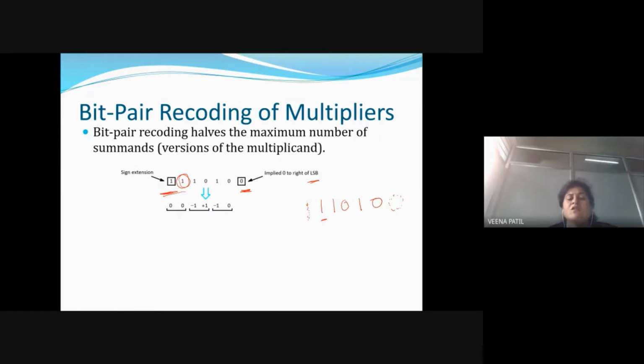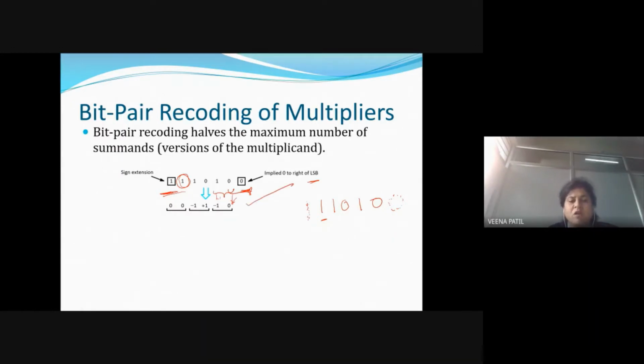Now how do we perform this? He is saying first you perform the Booth recorded multiplier. You know how to perform it. We just go on taking pairs. If it is 0, 0, then it is 0. If it is 1, 0, then it is -1. So on, we are going to record it.